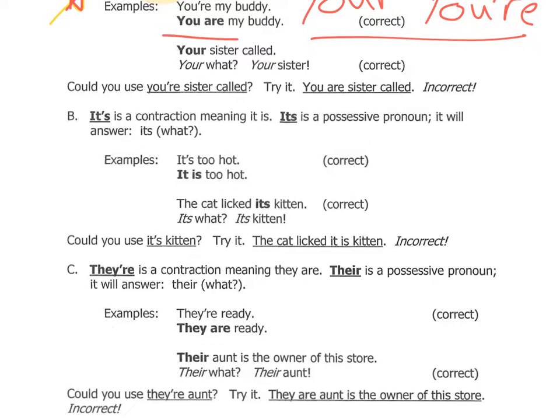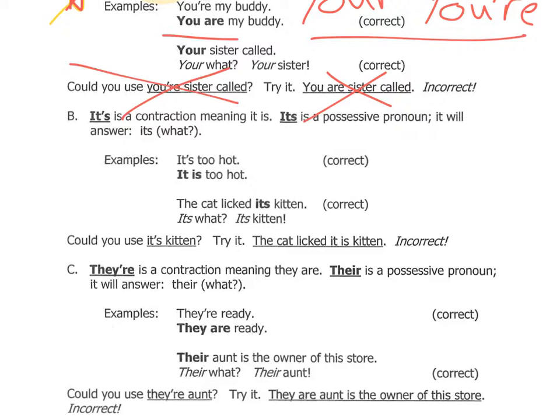Try it. You are sister called. Nope, incorrect. So let's try it again. You are. Your what? Oh, your sister. So this one's incorrect. Let's mark that out.